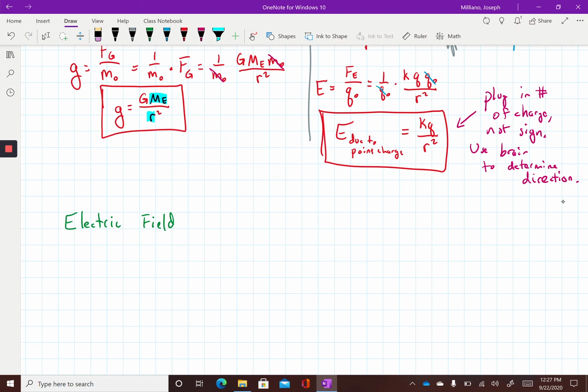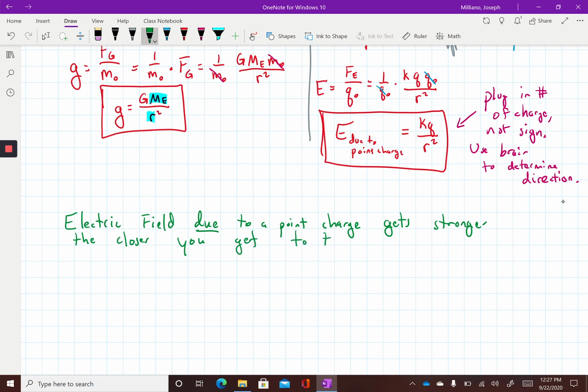The electric field due to a point charge, this is a specific example, right? Due to a point charge, gets stronger the closer you get to that charge.